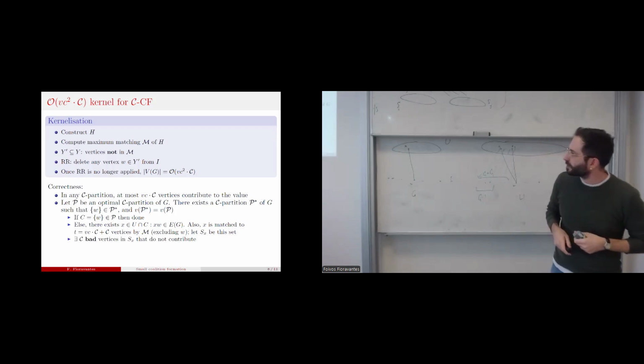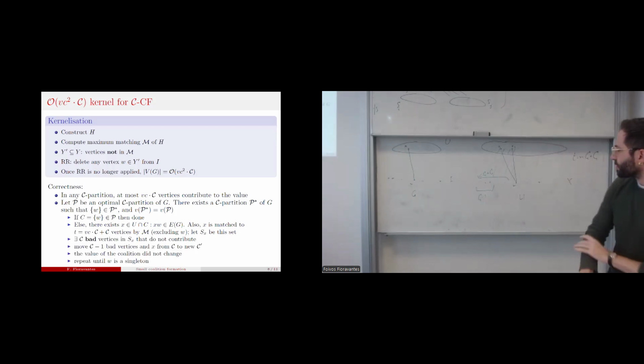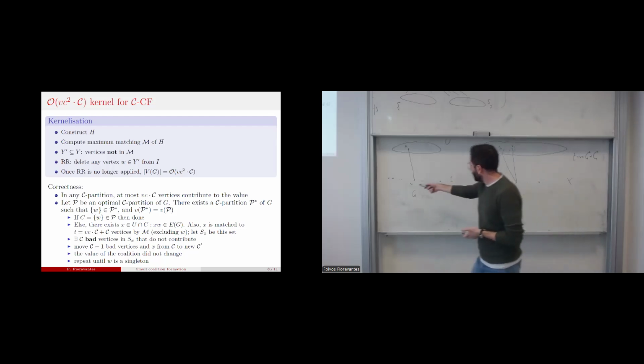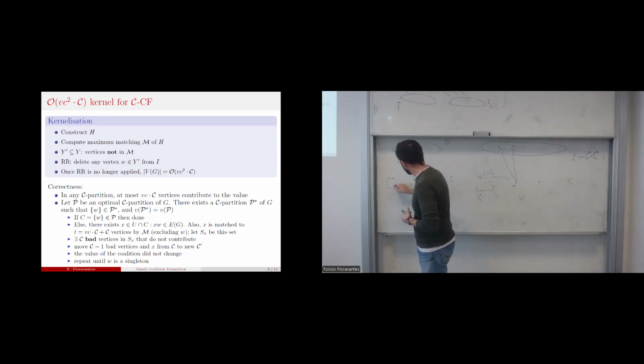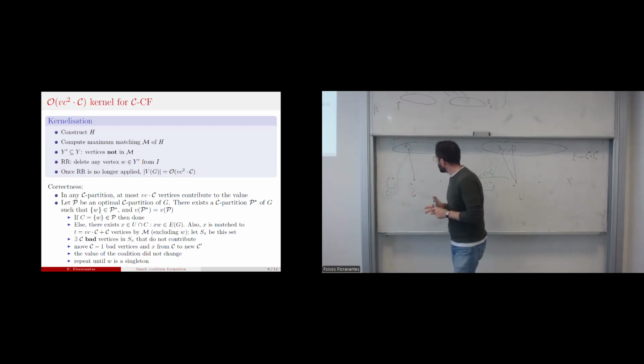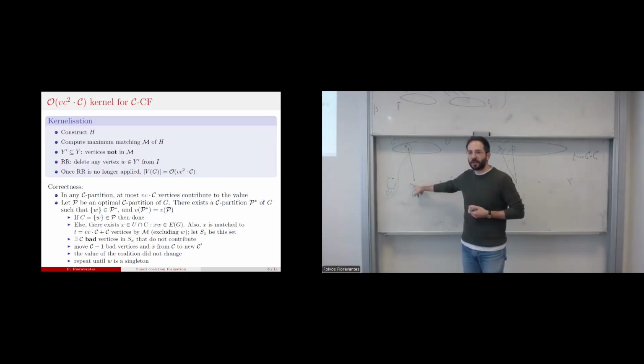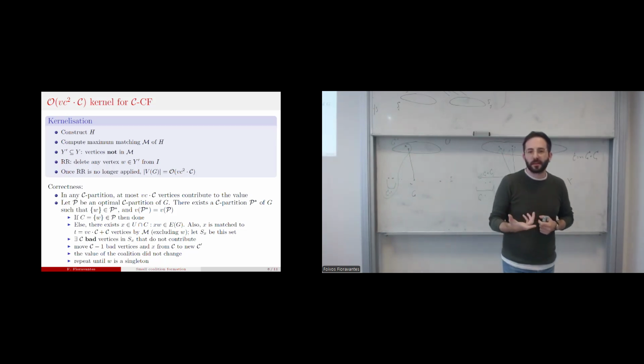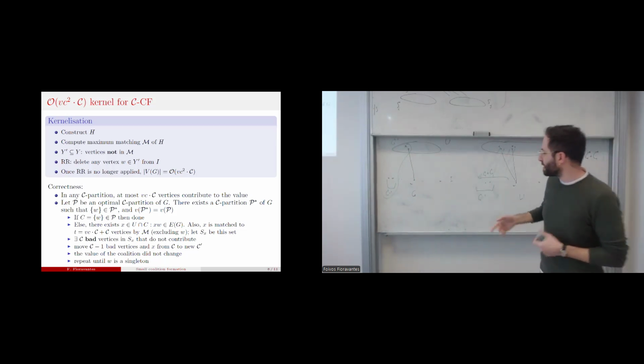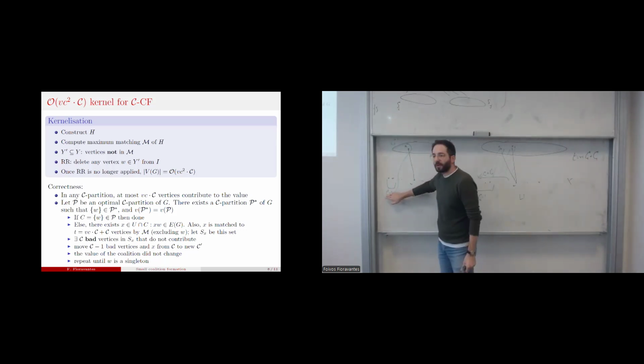Well, I might just as well find them here. They are here. Take them, add X, and create a new coalition. And now this has one less neighbor up there. Now this did not increase the value of the coalition because these were doing nothing before.